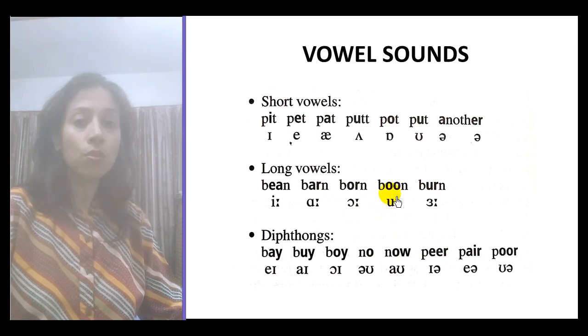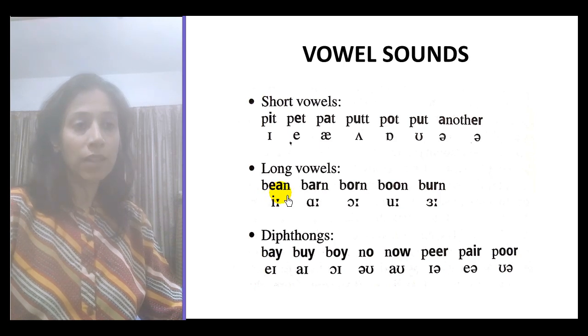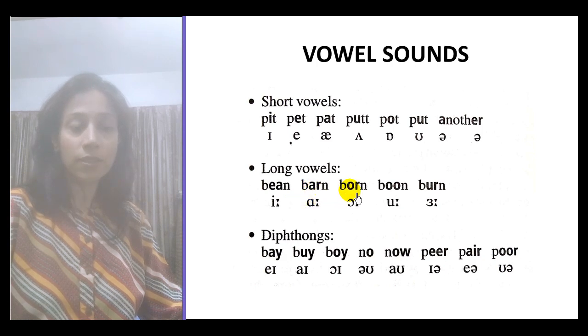Boon, oo, oon. Right? So I hope you get the idea. Burn, so burn. So the sounds are written underneath the word, as you can see, and the location where this pronunciation comes in for the long vowel sound has also been shown to you. It's been highlighted there, as you can see.